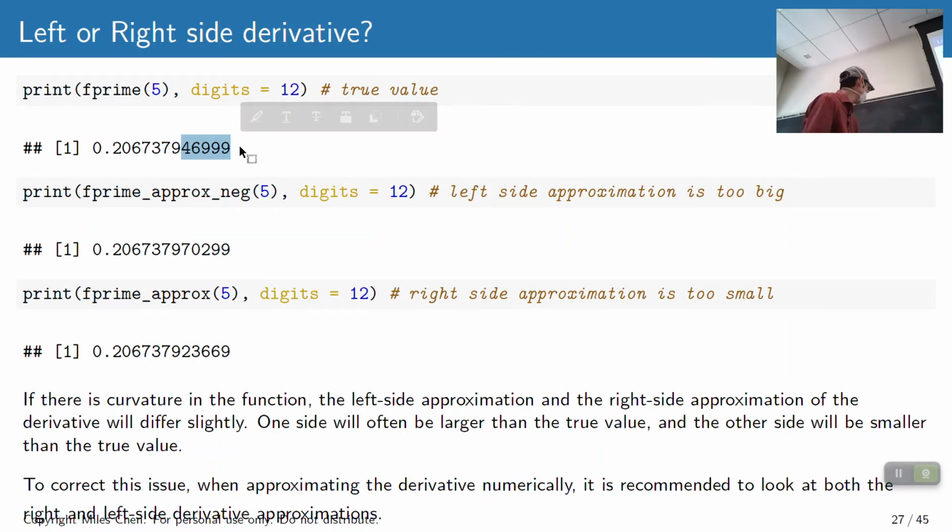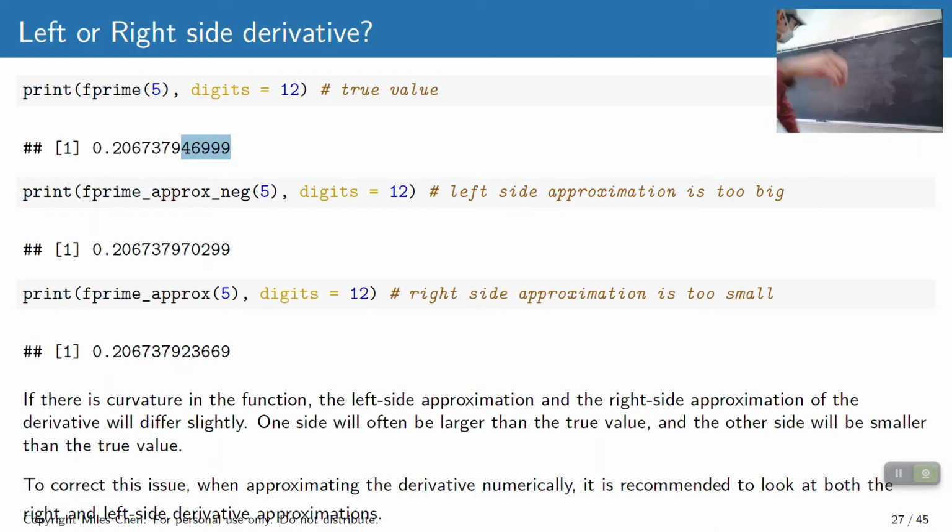Okay, and so to show you what's going on, because of the curvature of the function, this is a very exaggerated picture. Okay? So if this is my value at 5, your tangent line looks something like that.